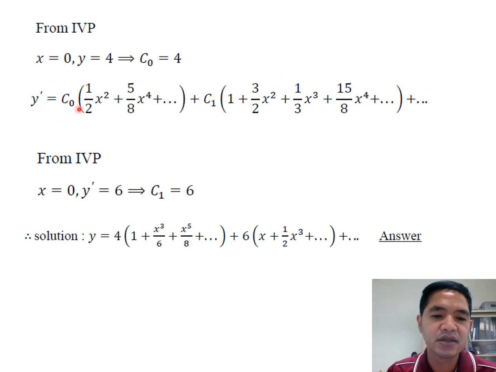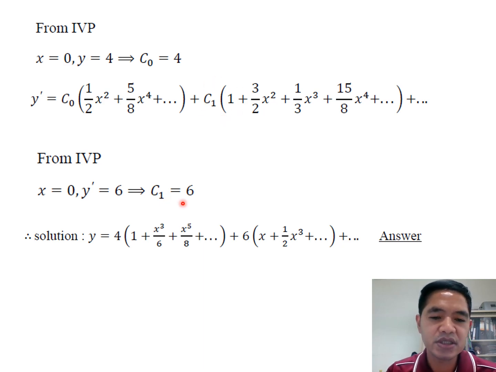Then you plug in x equal to 0, so all of this goes to 0, and all of this goes to 0 except the 1 here. So that means y prime equal to 6, so c1 equal to 6.